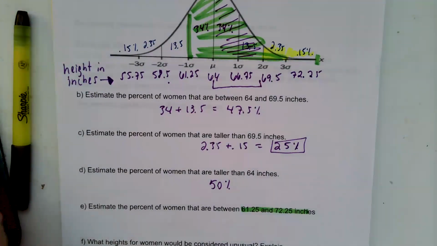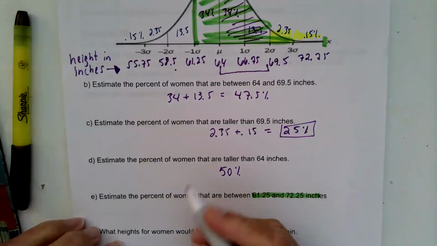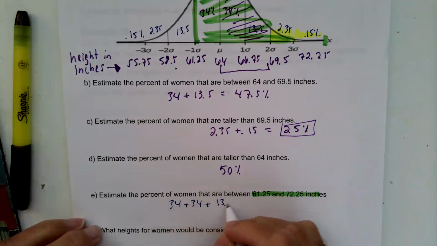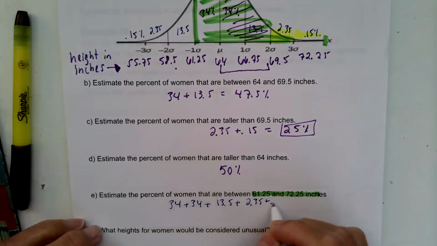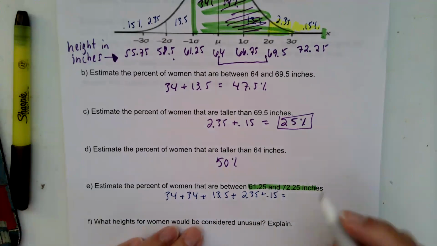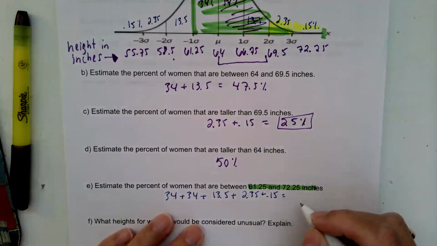So that would be 34, 34, 13.5, 2.35, and 0.15. And that should be 84%.